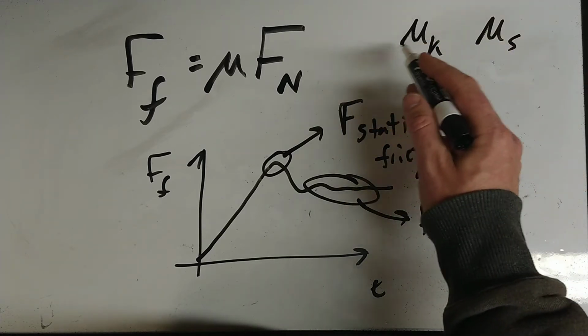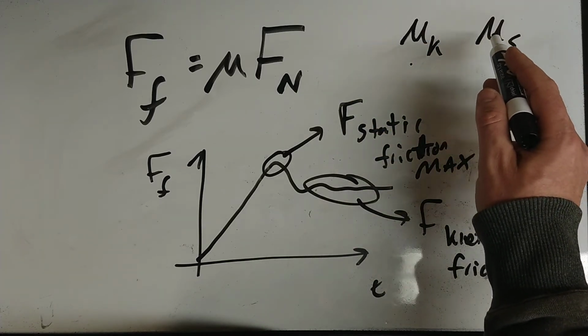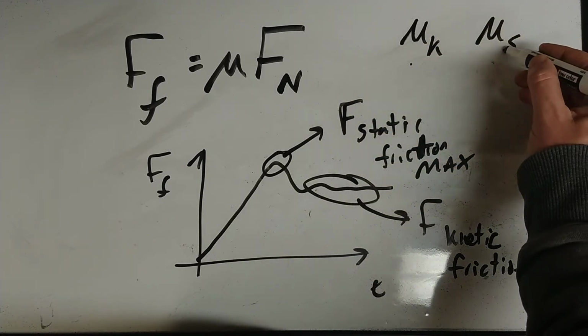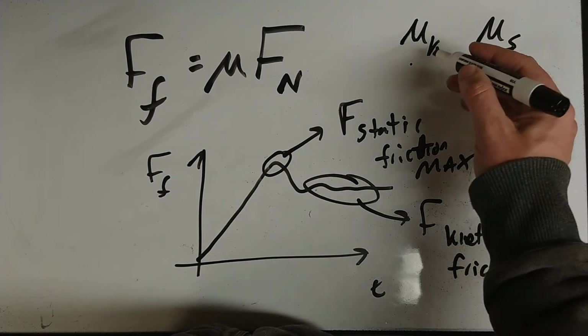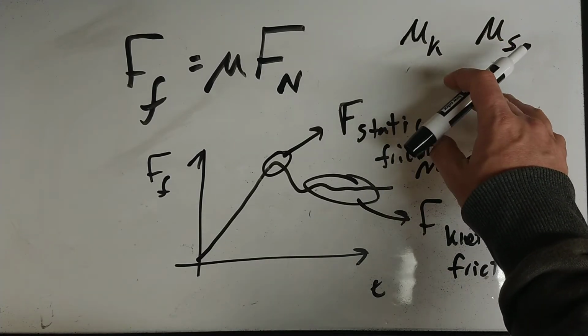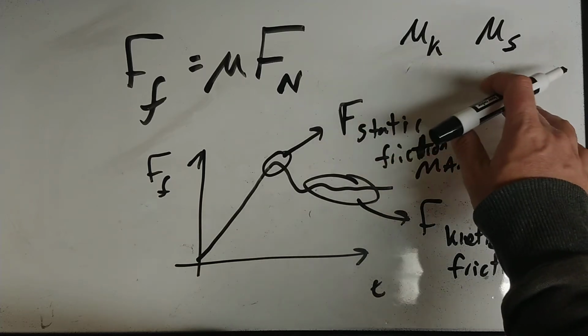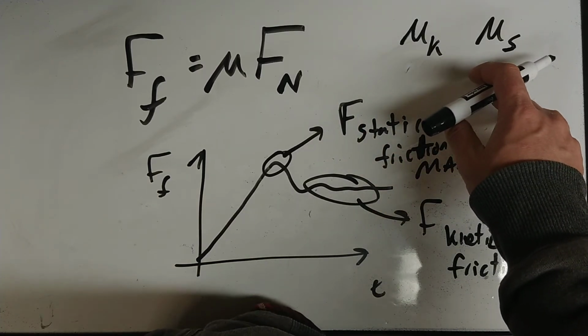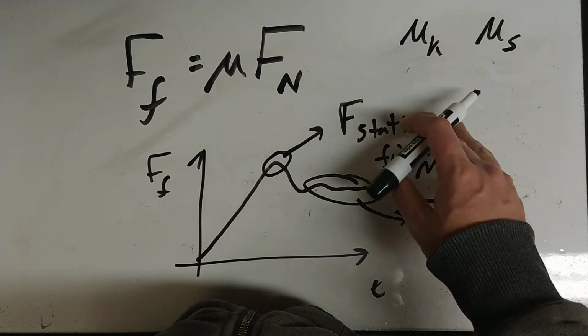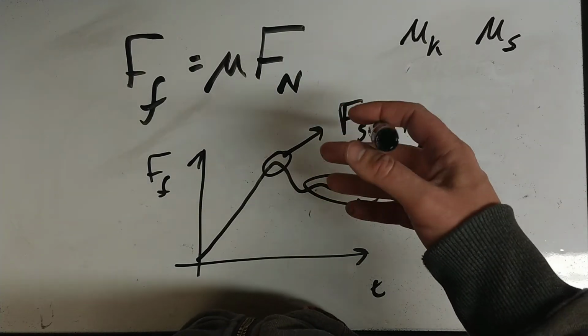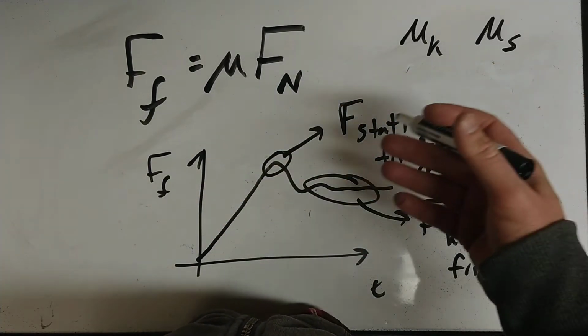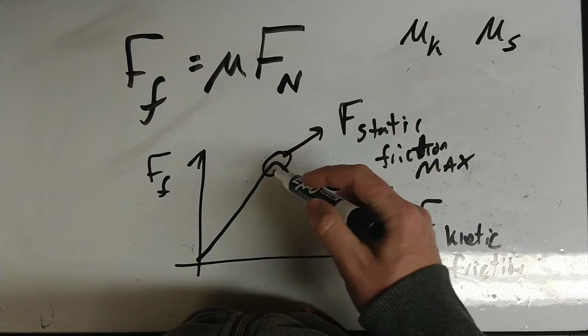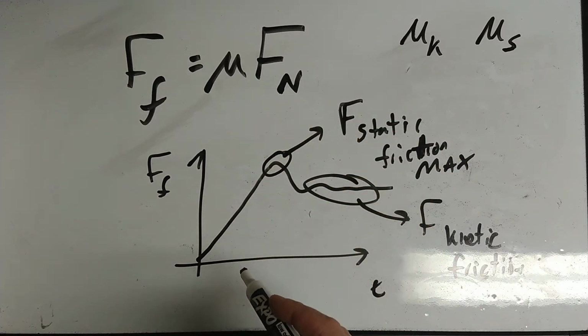Most of the time, the static coefficient is bigger than the kinetic. Some entries on the table don't show one of them, which means they're approximately the same. Some slippery materials pretty much just start sliding.